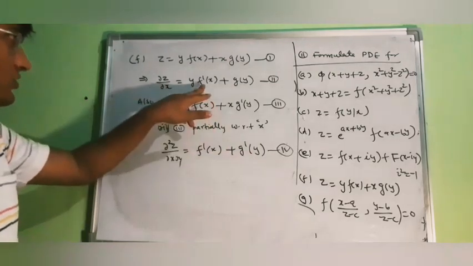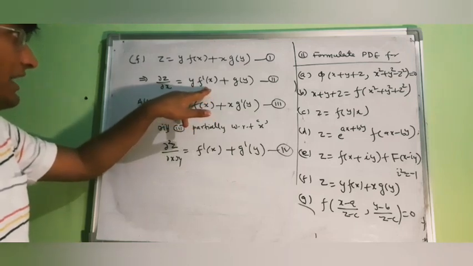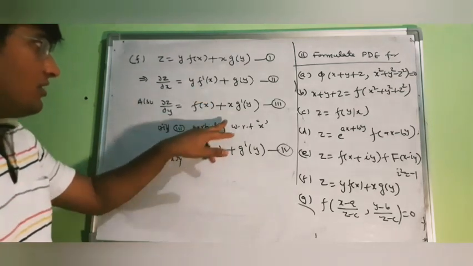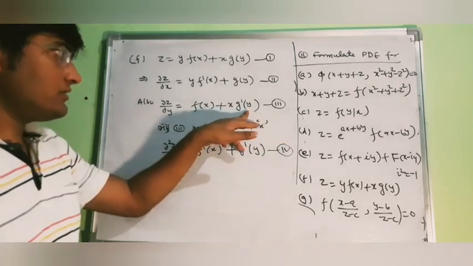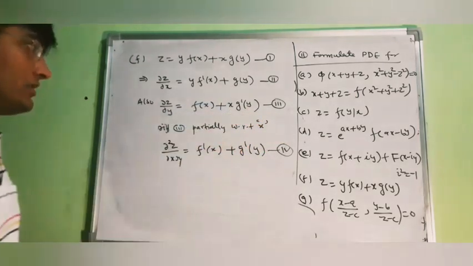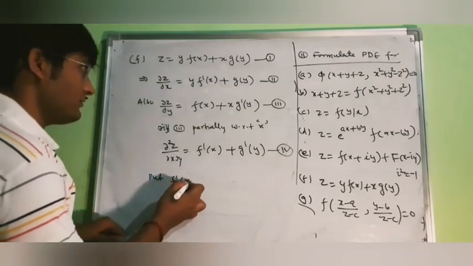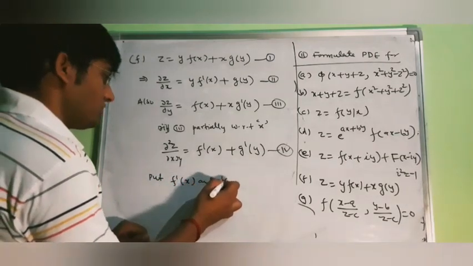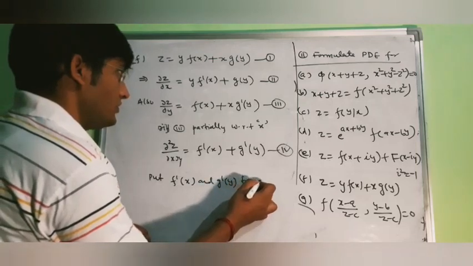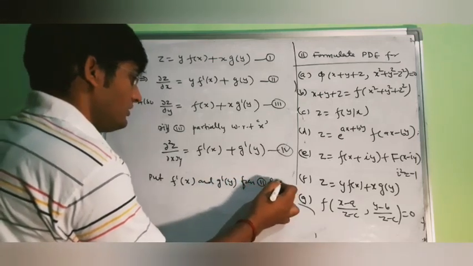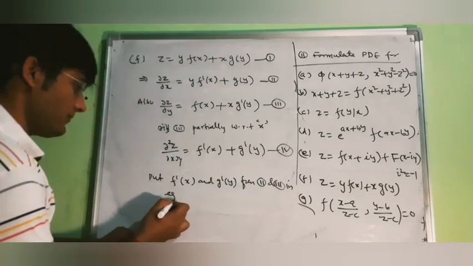Now from this equation number 2, let us eliminate our f dash x, and from equation number 3, let us put the value of g dash y. Put f dash x and g dash y from 2 and 3 in equation 4.